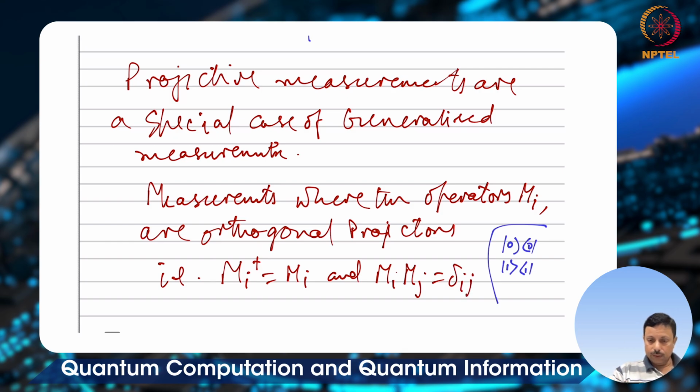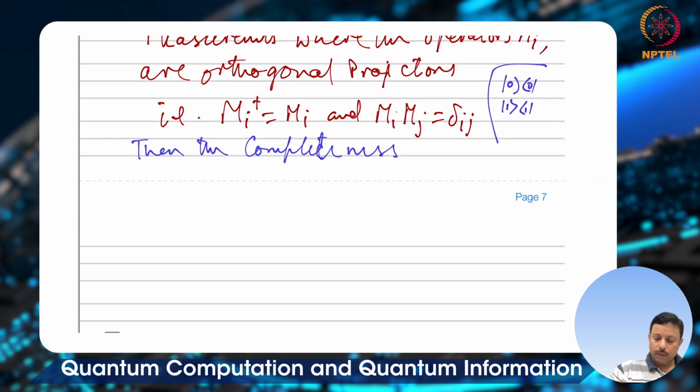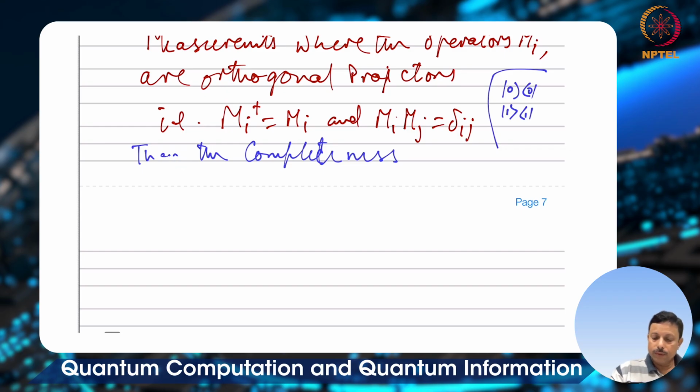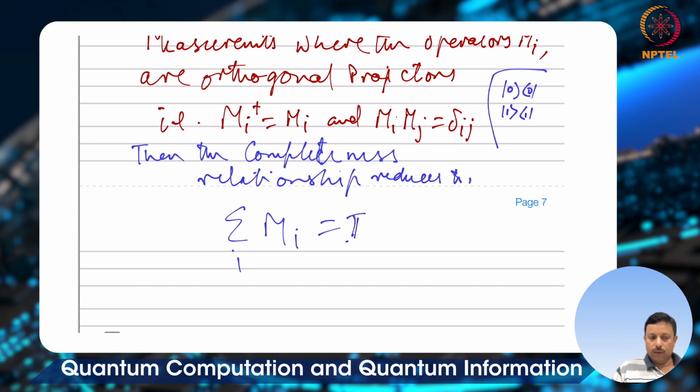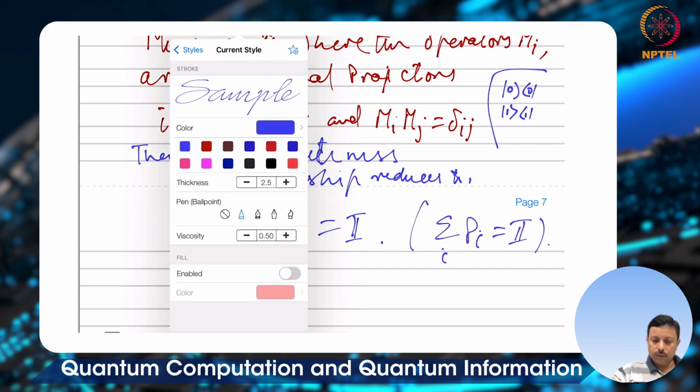Then the completeness relationship reduces to the sum over i of M_i equal to identity, and the sum over i of P_i equal to identity, because your P_i are the projections.